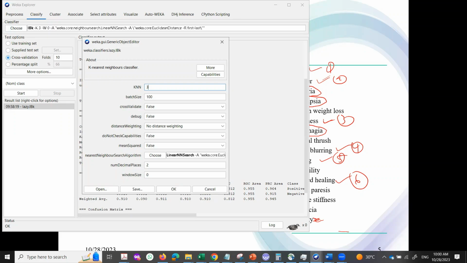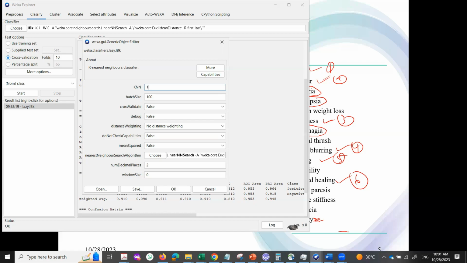So yes or no. Because there is a voting process in K nearest neighbor, it will look for the 3 closest people to you. When it was 1, what it was doing was looking for who is closest to you in all those data sets that we know are either diabetes or not. That is K equal to 1. If the nearest person to you has diabetes, then it's going to say that you are sick.